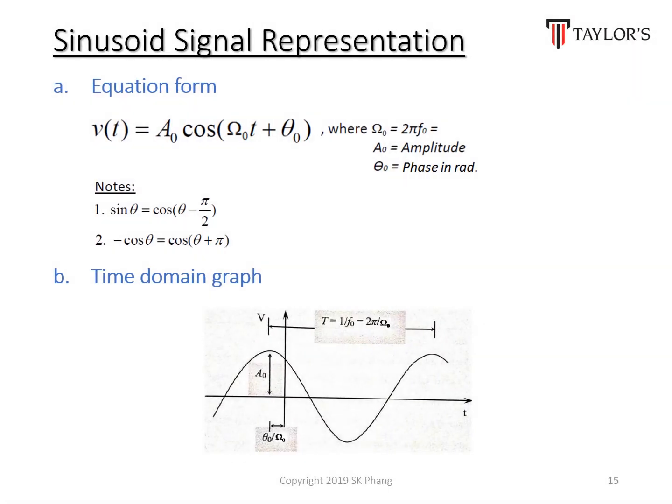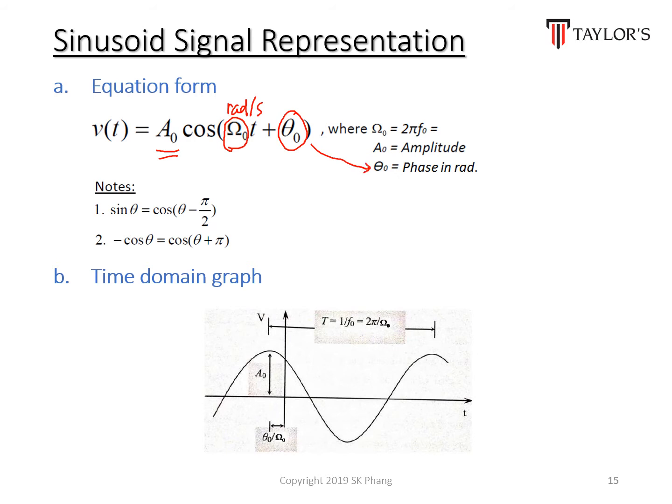And the first one would be the equation form. So in equation form, we can write a cosine signal that has an amplitude of A0, followed by the frequency of omega naught, which is in terms of radians per second, multiplied by the time t, plus an offset, and this is called phase. And this phase is in radians.